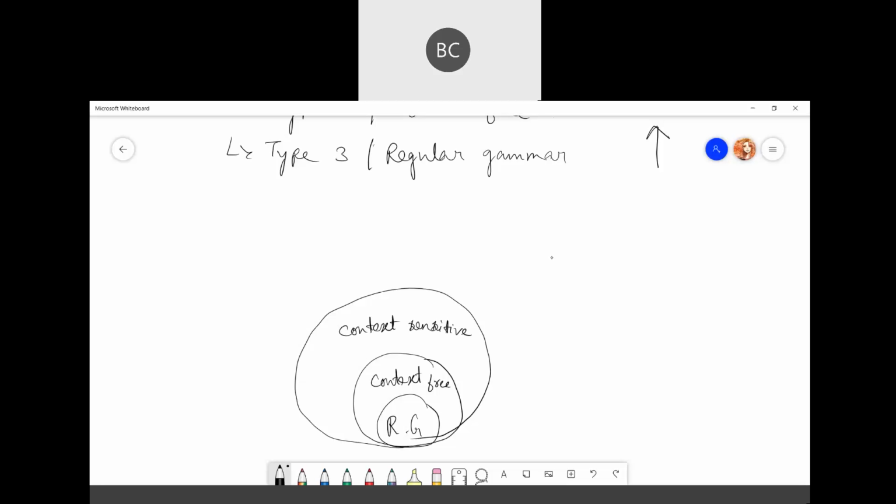That means all context free are context sensitive, but all context sensitive are not context free grammar. I guess you already know the concept of subset. Then comes the unrestricted grammar, or another name is recursively enumerable language.